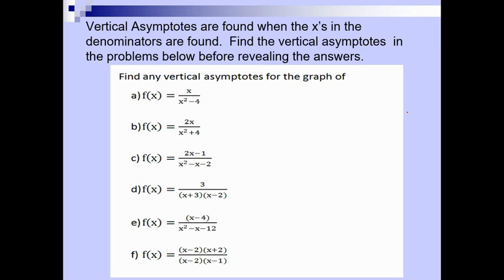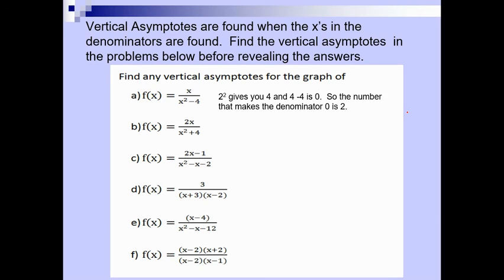All right, here are a few problems for you to solve. Vertical asymptotes are found by setting the denominators equal to 0. So sometimes you may have to factor. For the first one, what would be our vertical asymptote? That's right, our vertical asymptote is 2.